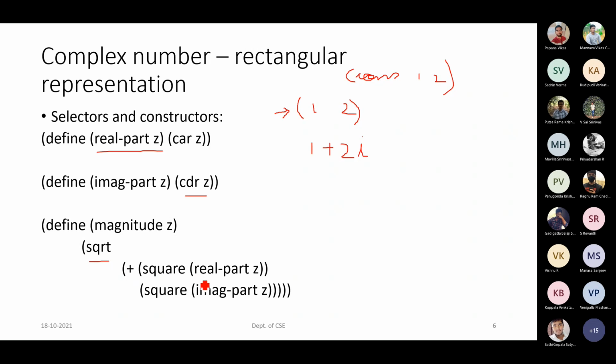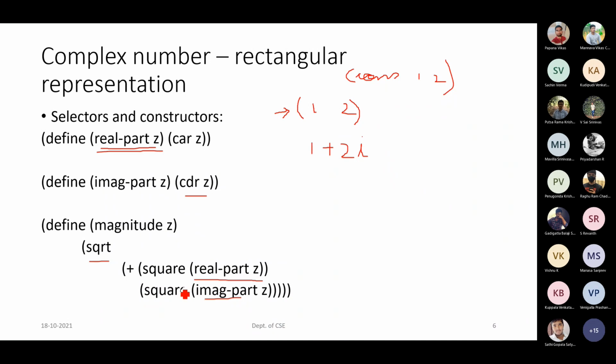So we have to first extract the x value from the complex number. How do I get the x value? For that I can make use of this real part procedure, which will extract the first value of our complex number, and apply the square of it. Similarly, we can call this imaginary part, which will retrieve the second value of our complex number, and apply the square of it.